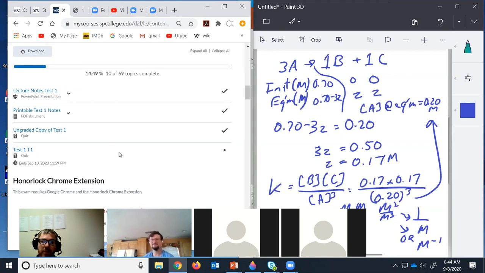So it's closed book, but you get 2 attempts. But the thing is, you really should have everything down by the time you take test 1. Take the ungraded copy a whole bunch of times before you even touch test 1, so that you're getting 90% consistently. And then you'll do well on test 1 when you take that.